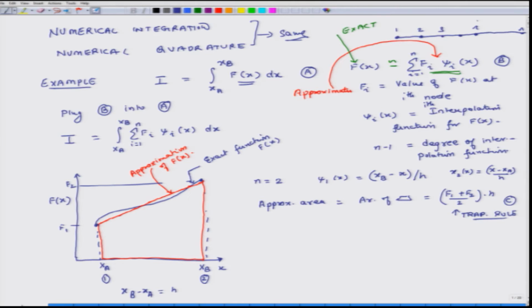I can also have a case where n is equal to 3. In that case, the element length will still be the same. Its first point will be x a, second point will be x b, and there will be a node at the midpoint, and the coordinate of this will be x a plus x b divided by 2.